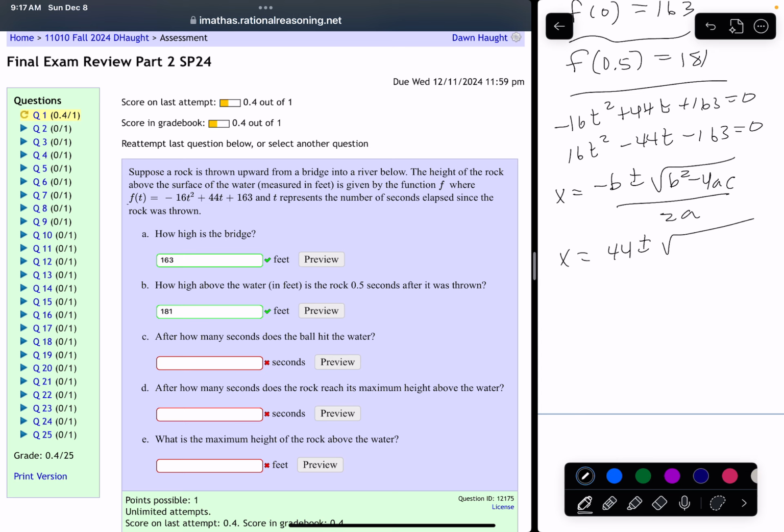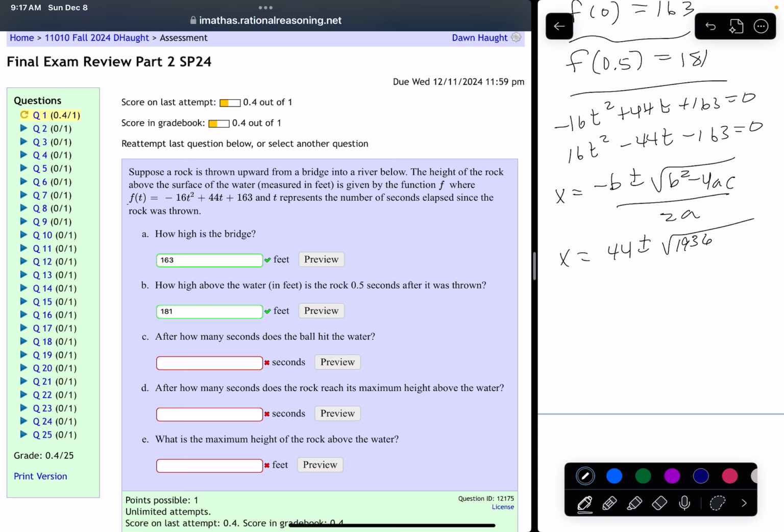Now, 44 squared, I would probably just throw that in your calculator. That's 1936. And now I would do -4 times our a value of 16 times our c value of -163.